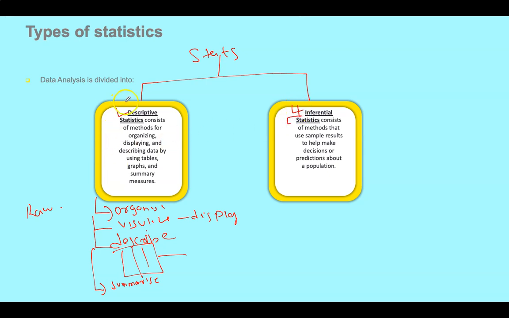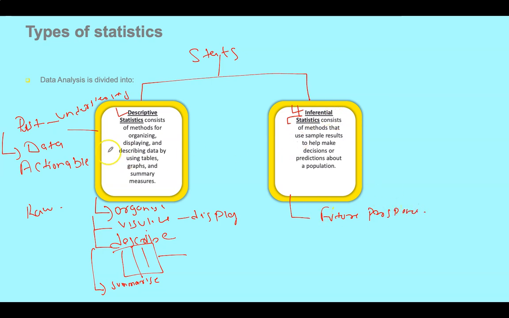Descriptive statistics is the past understanding of the data. In descriptive statistics, it helps us make our data actionable. In inferential statistics, it is about the future perspective on data: based on our actionable information, what are the things we can do?